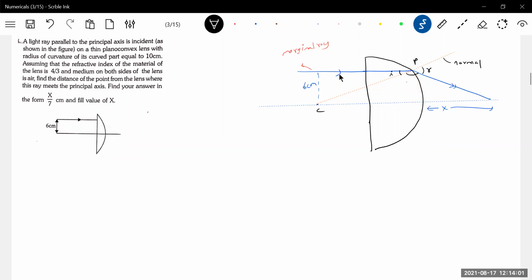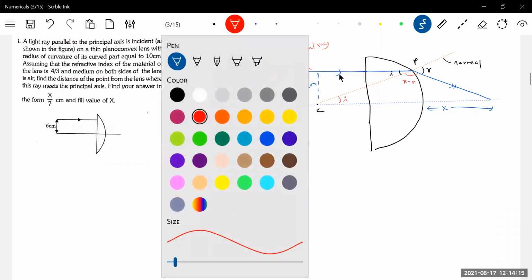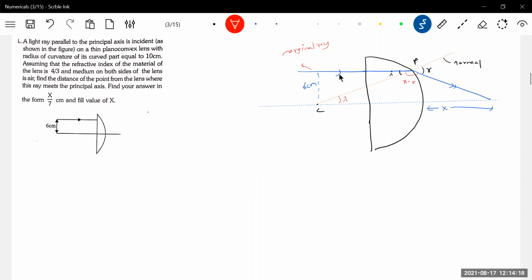This angle should be pi minus r. This angle should be i. This angle will be r minus i.